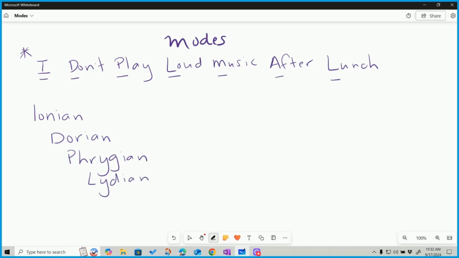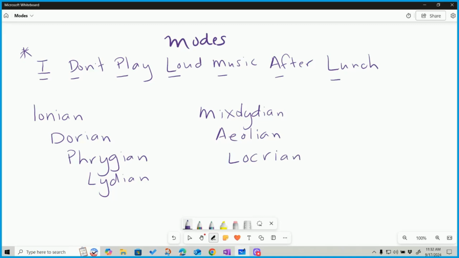And then I'm going to come up here. The M is Mixolydian. Whoops, not Mixo D. Mixolydian. All right, and then A, Aeolian, and L is Locrian.